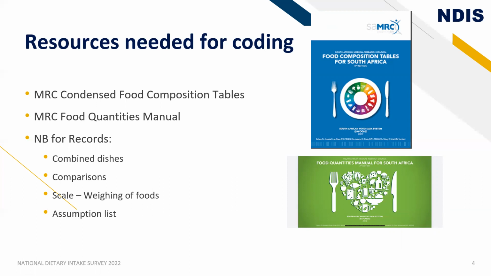And then just to keep an assumption list with the NDIS, all the coders will have the same assumption list so that we make the same assumptions across the country. There will be some provincial assumptions as well. So we will look at that and keep that in mind when we are coding.